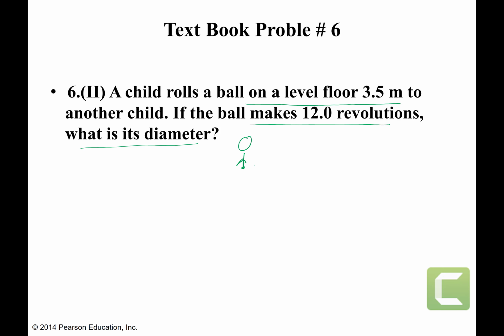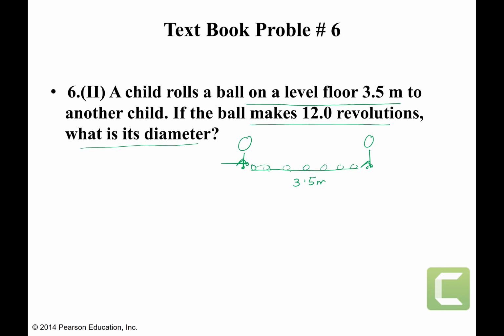Basically, there are two kids here, and this distance is 3.5 meters. He's rolling the ball, so eventually it's going to reach here. If the ball makes 12 revolutions, what is its diameter?